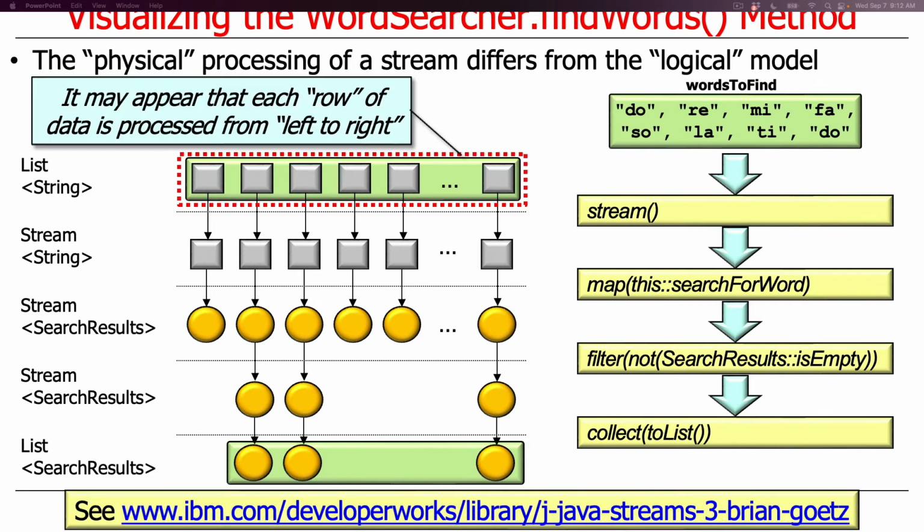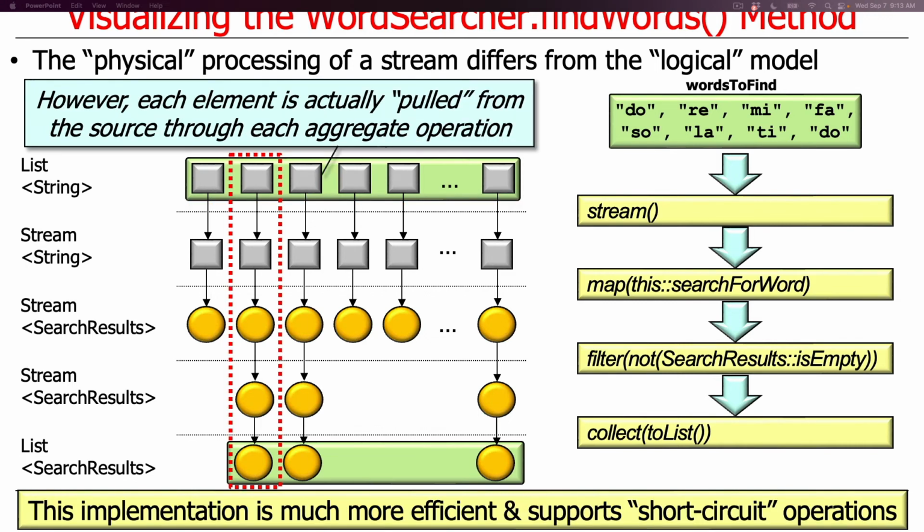A couple things that are really important to note. You might get the impression from looking at the visualization that the processing works at a row-by-row level, as if it was going from left to right, top to bottom, so one row at a time. That's actually not the way things work under the hood. The way things actually work under the hood is it goes from a column-like perspective, where it goes from top to bottom, left to right.